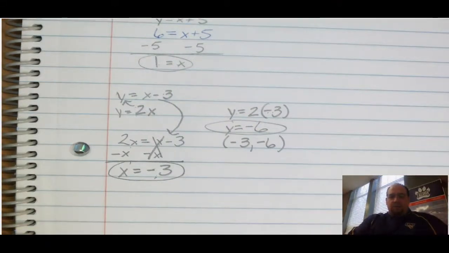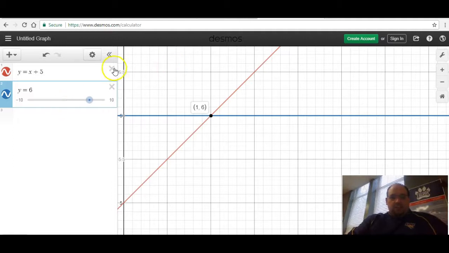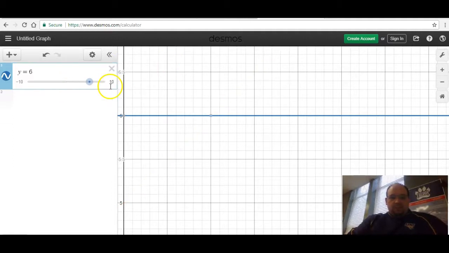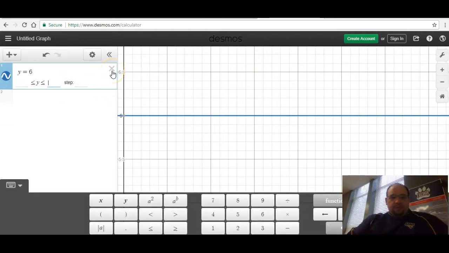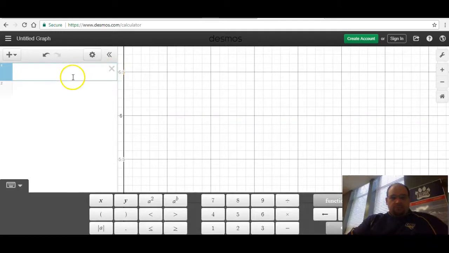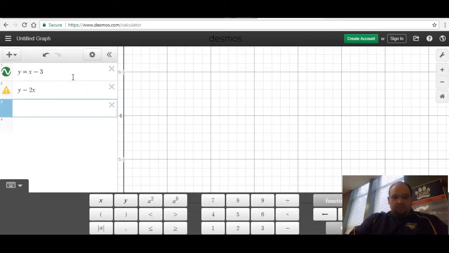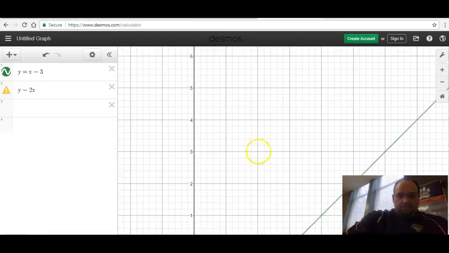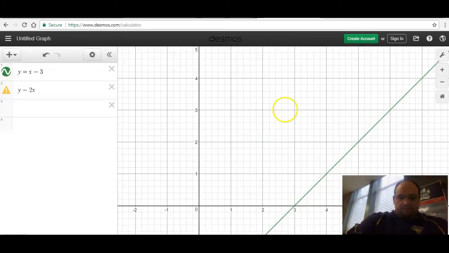Again, I can go check that just to make sure. I'm going to go back in here to Desmos. I'm going to clear out my previous ones and enter in those two equations, y equals x minus 3, y equals 2x. I'm going to have to move my grid around here.